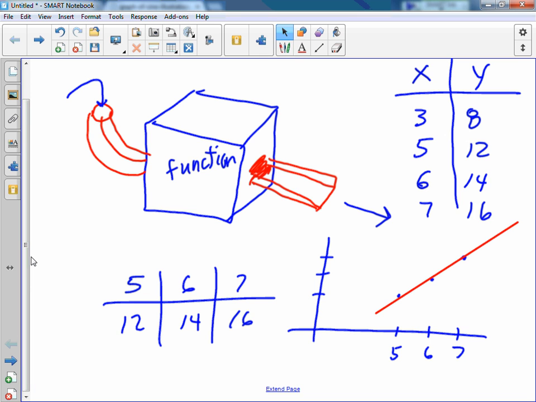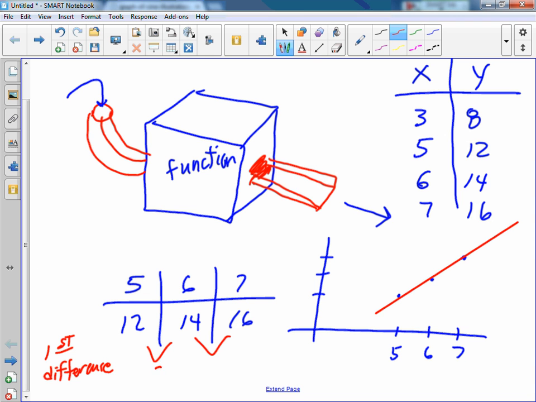is taking the first difference. The first difference there is 2. The difference there is 2. And then, if we know the common difference on a function, we really want to find the 0 term.